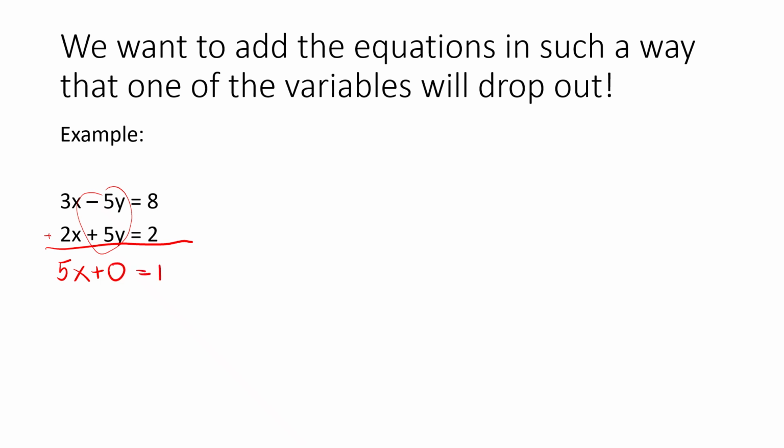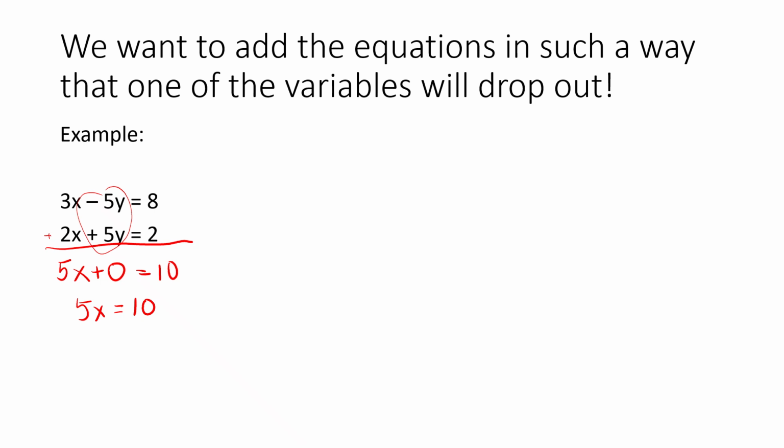And 8 plus 2 is 10. And of course, 5x plus 0 is just 5x. So you can write 5x is equal to 10. And that's what we want to have happen. We know that statement will still be true because of what we just looked at on the previous slide, that you can add the sides of the equations together and the equality will still be true.